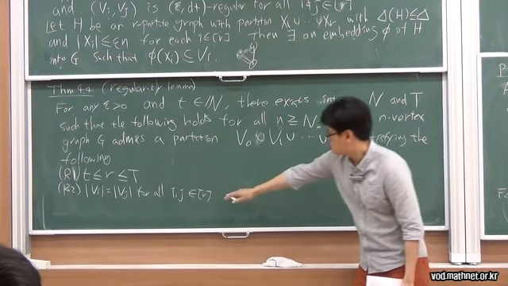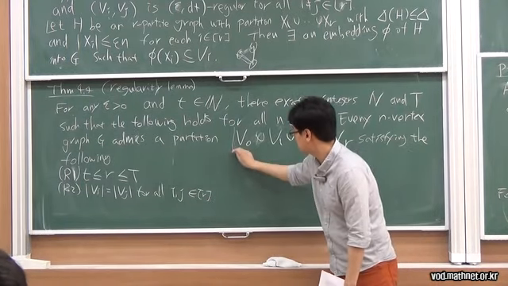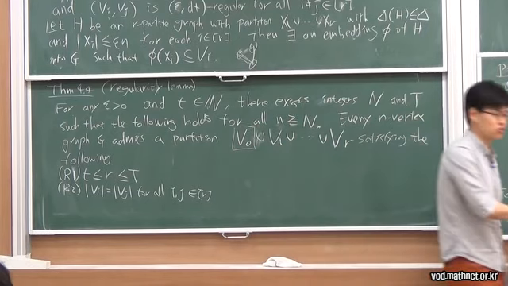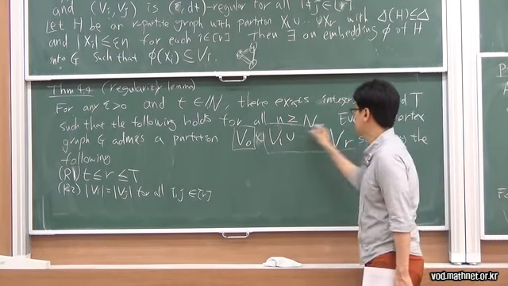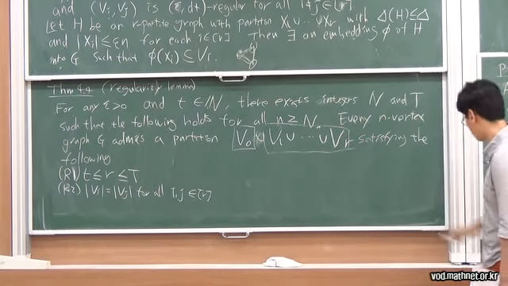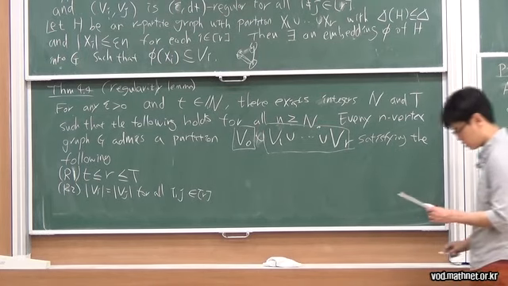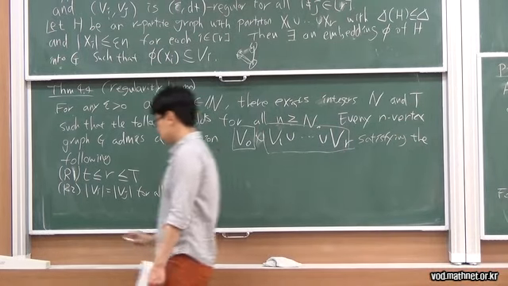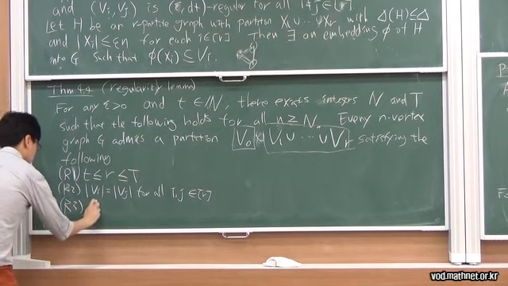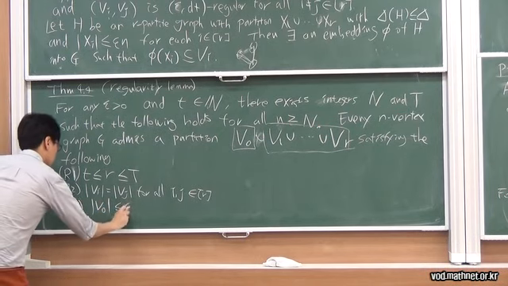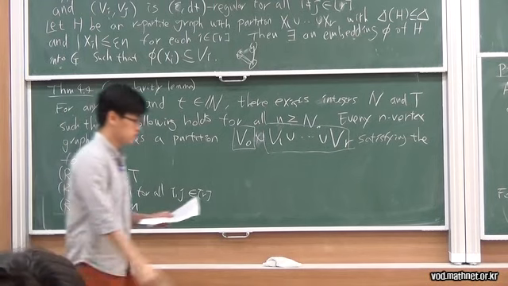Here it's between 1 and r because V0 is not mentioned, right? V0 has a special role. So these form an epsilon regular structure, but V0 does not. V0 is the exceptional set, and that exceptional set has small size.